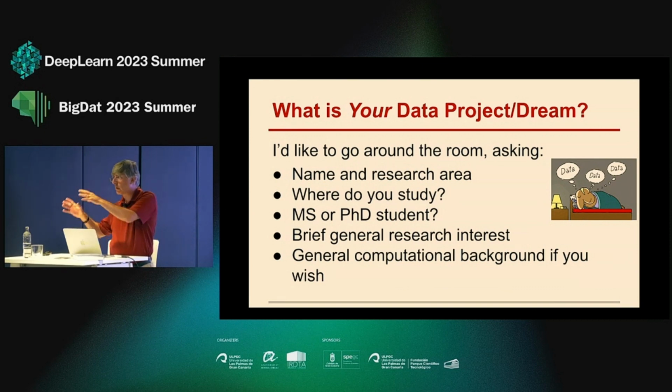How many of you are industry people? Okay, how many of you are university people? Okay, that's good. And of the university people, how many of you are master's students versus PhD students? How many of you are master's students? Okay, and how many of you are PhD students? Okay, so that tells me something.